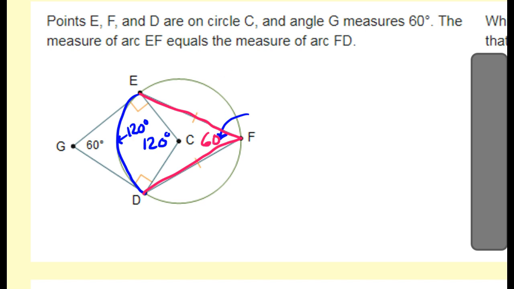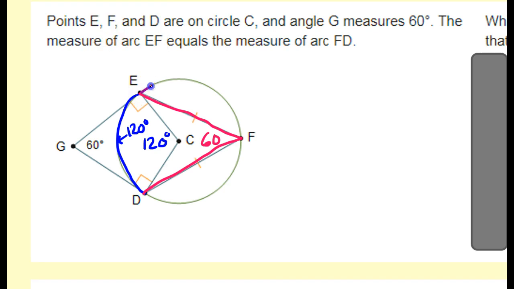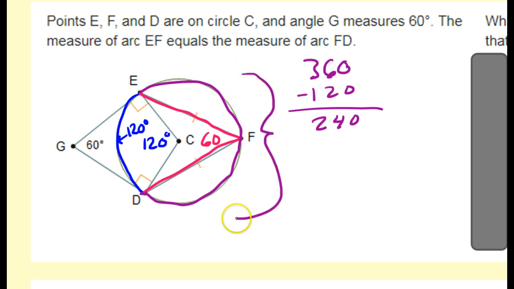Can I find anything else? Well, just for good measure, I could tell you what this whole arc is right here, because I've got 120 right here. If I start with 360, because that's the whole circle, and I subtract 120, that's going to leave 240. So 240 is the entire purple part here.